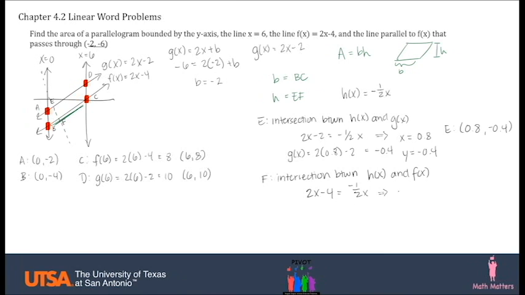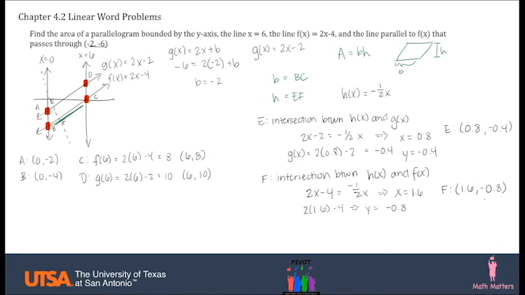We come out to x equals 1.6. And then if we plug this back in, so 2 times 1.6 minus 4, then we get that y equals negative 0.8. So our F is at 1.6 comma negative 0.8.